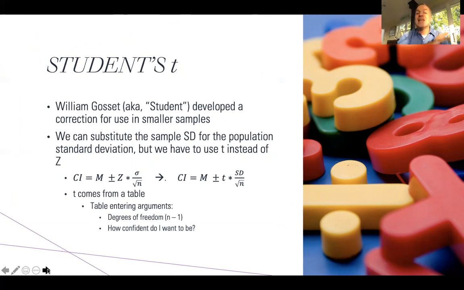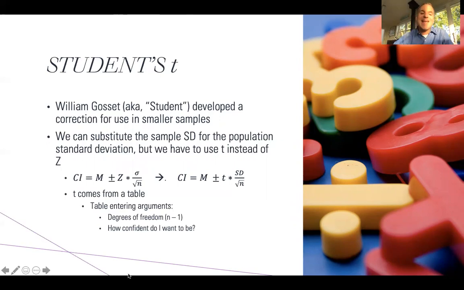And actually there are many different T distributions, but he created this index T, which is very similar to Z, except it takes into account the smaller sample sizes. And it takes into account the problems of trying to estimate the population standard deviation from the sample standard deviation, because there's a little bit of bias in there. So we can substitute in the sample standard deviation for the population standard deviation in our confidence interval equation.